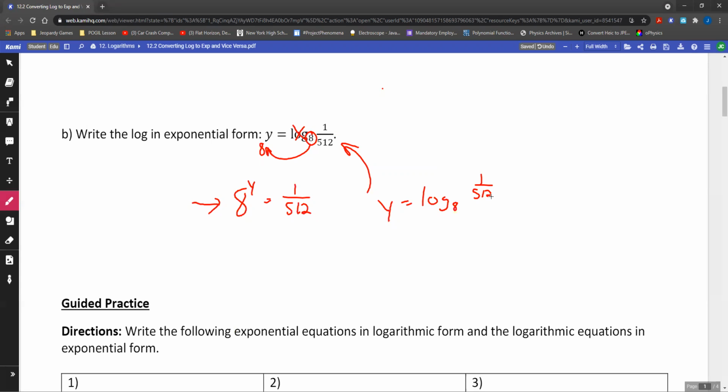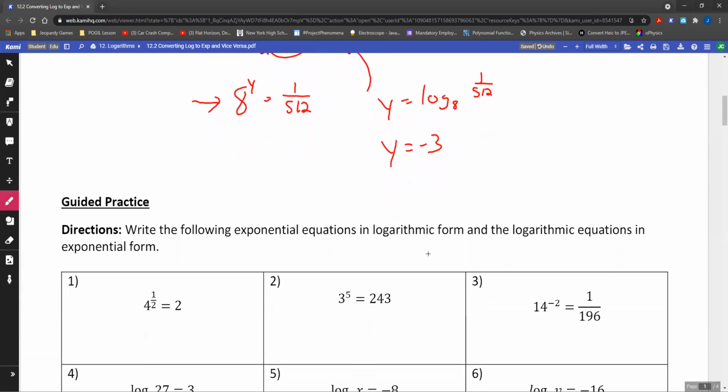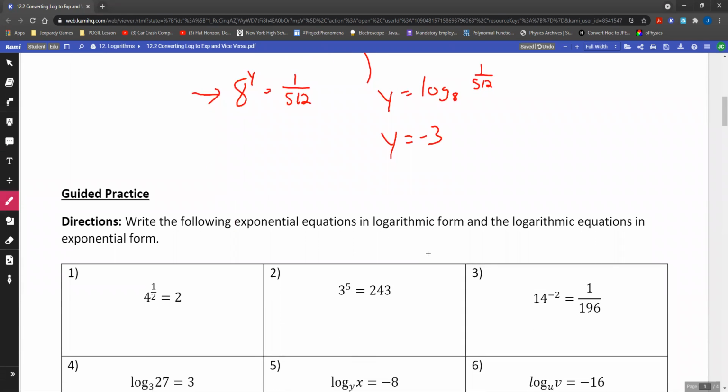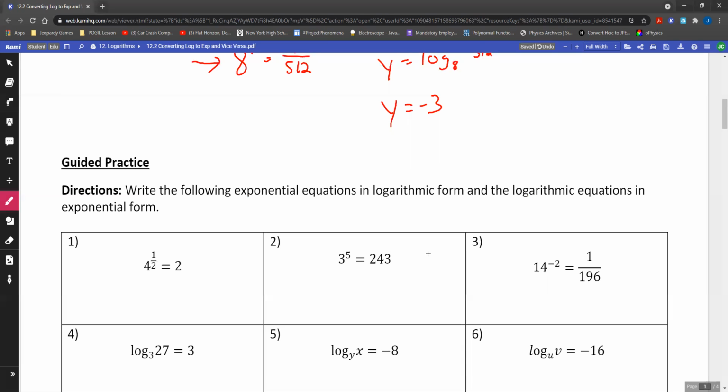And in the case of this, what we would end up getting is log base 8 of 1 divided by 512, y equals -3. Like I said, in this case, you could probably figure that out, but there are other examples where the number won't be as nice. You might not even be able to write it as a fraction.